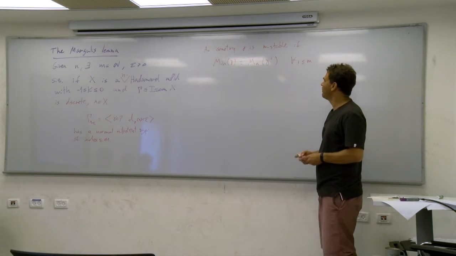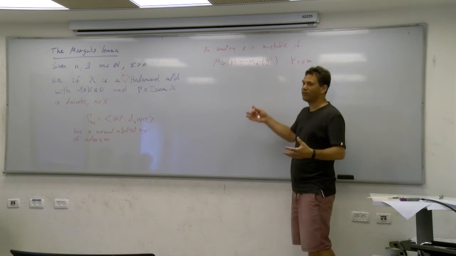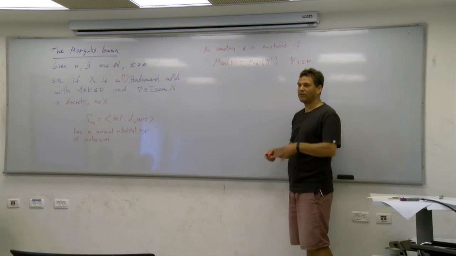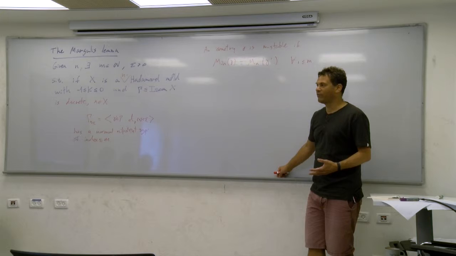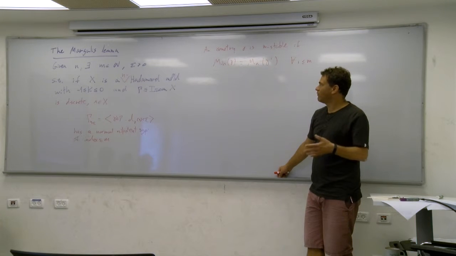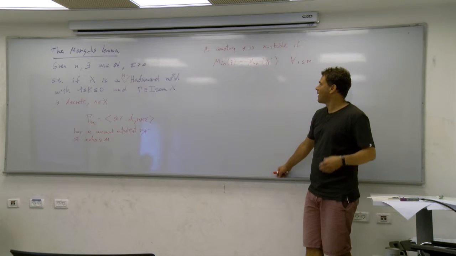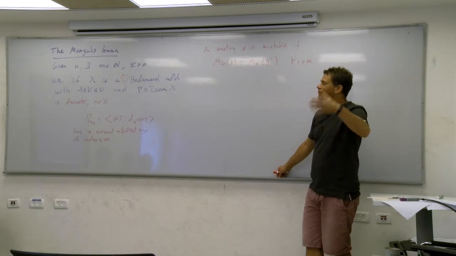So the minimal set can increase when you take powers. A priori it cannot decrease, but it's always a totally geodesic submanifold. So the dimension is bounded, and so it can increase finitely many times.